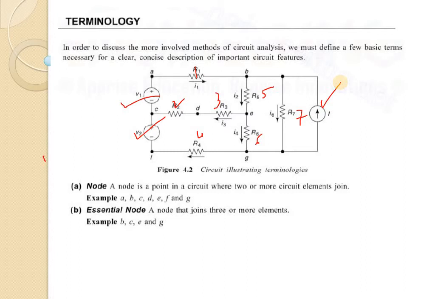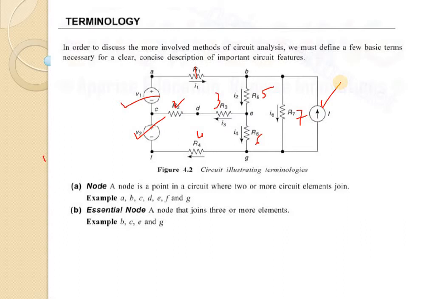We have to point out first all the nodes. What are the nodes? A node is a point in the circuit where 2 or more circuit elements are joined. Okay. So, here all the nodes are A, B, C, D, E, F, G. These are all the nodes which have been highlighted here.